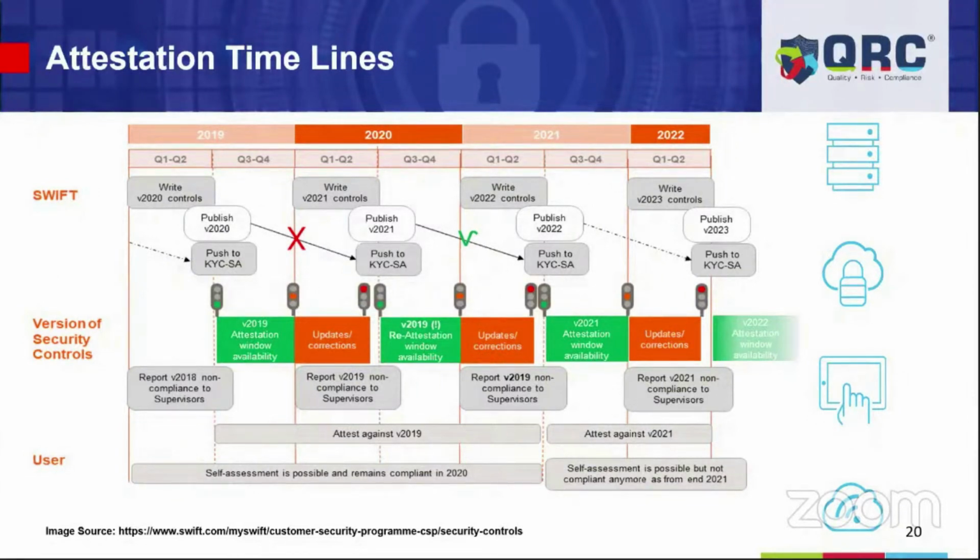Generally, the pattern of the timelines for the user community is like this. Now the second quarter of 2021 has already finished. From this point onwards, if any organization wants to attach themselves to this CSCF, it is only through v2021, according to the latest information. And after 2021, as a user community, you have to do the independent assessment.